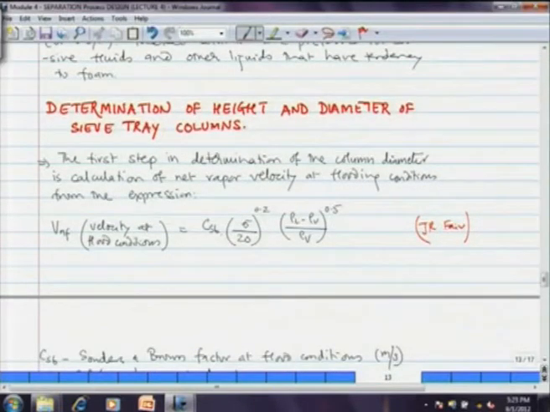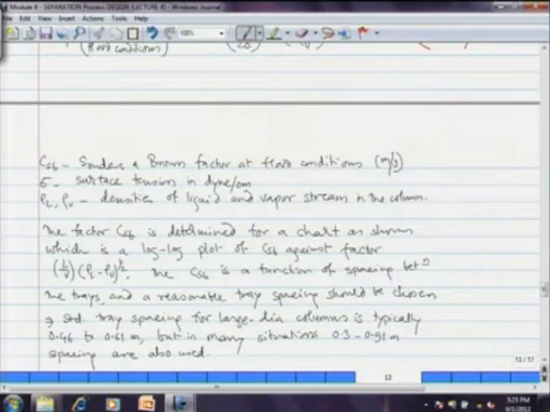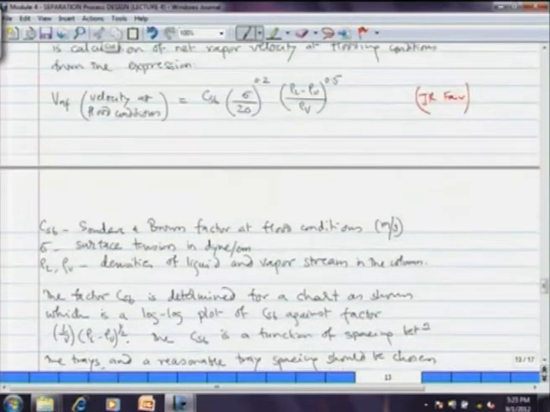So CSB you get from that plot for the given surface tension and vapor and liquid densities, and that CSB into this factor (sigma by 20) raised to 0.2 and this density ratio raised to 0.5 will give you VNF.